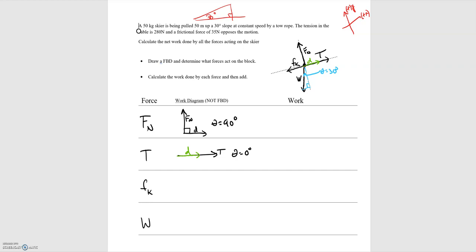The kinetic friction now. So we've got displacement in the positive x direction. We've got kinetic friction in the negative x direction. F sub k, and we've got d. So the angle between them, this whole angle right here, theta is equal to 180 degrees.